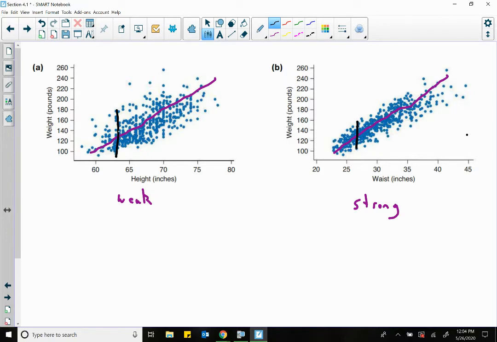So the larger the vertical scatter, the weaker you are. The closer you are here, like right in here, that's a pretty strong scattering right there. Okay, the closer you are towards forming a line, the stronger you are. The more your line breaks apart and it's hard to see, the weaker.